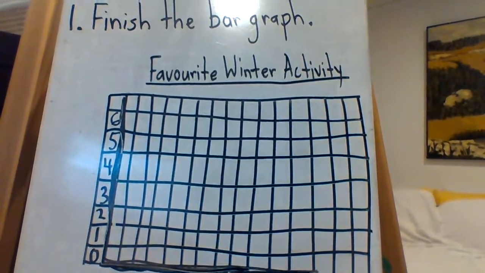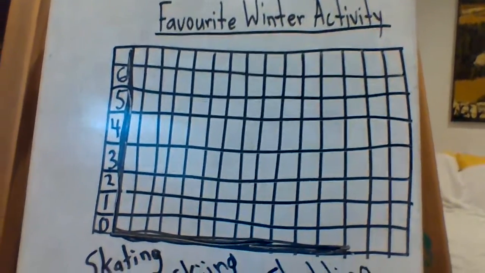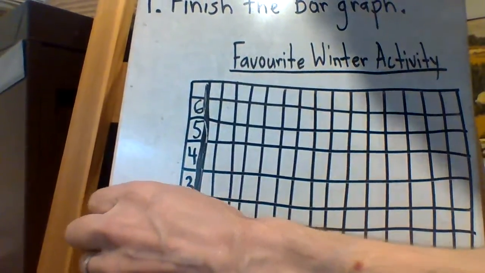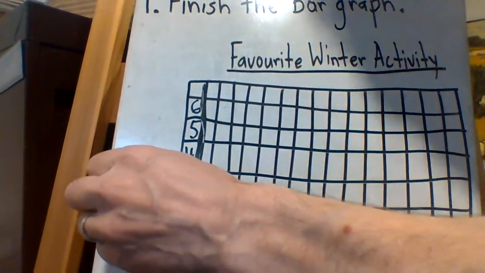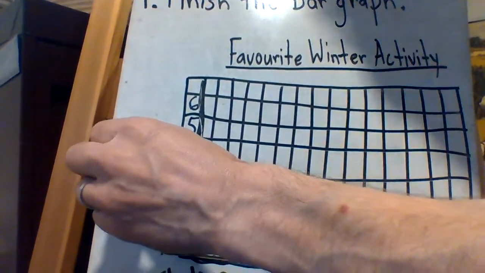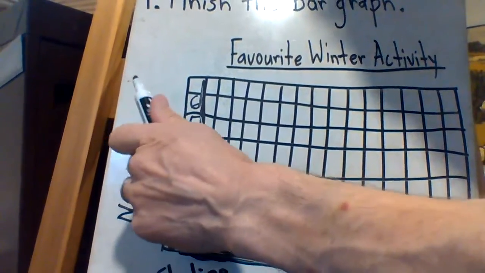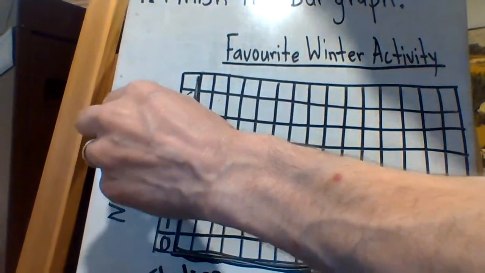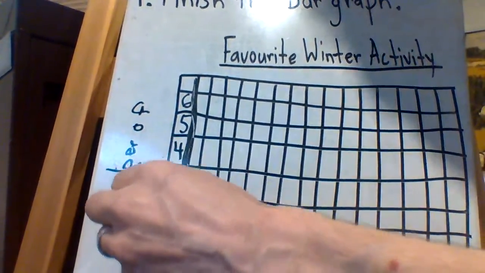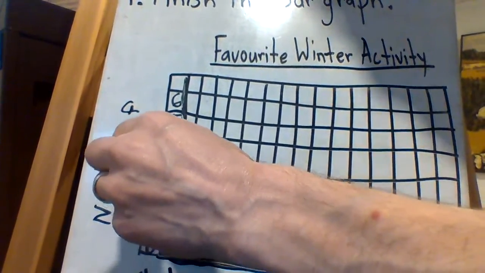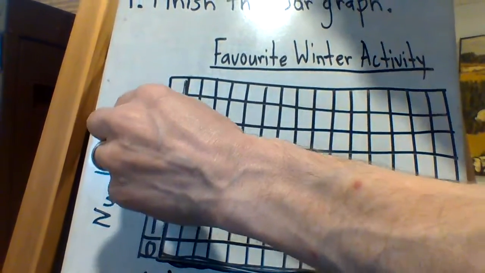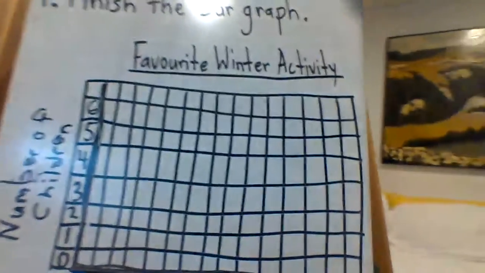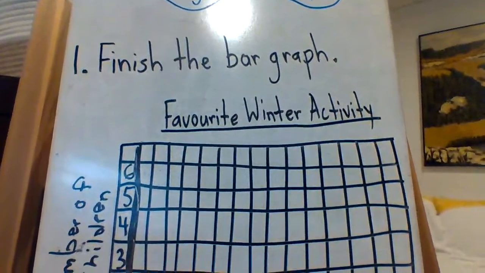So, number of children we have to put over here, because it tells you that's just not random numbers. Number of children. Okay, so we know what those numbers mean.